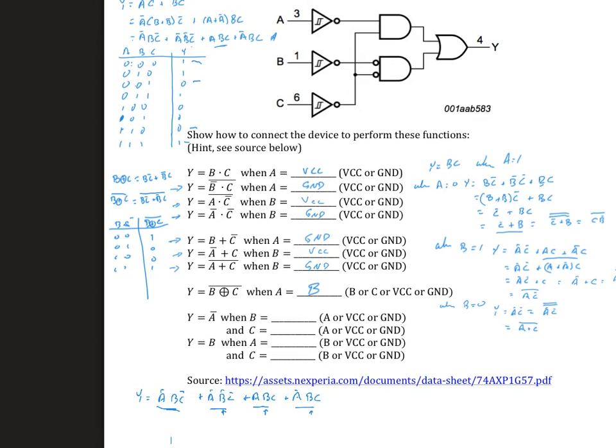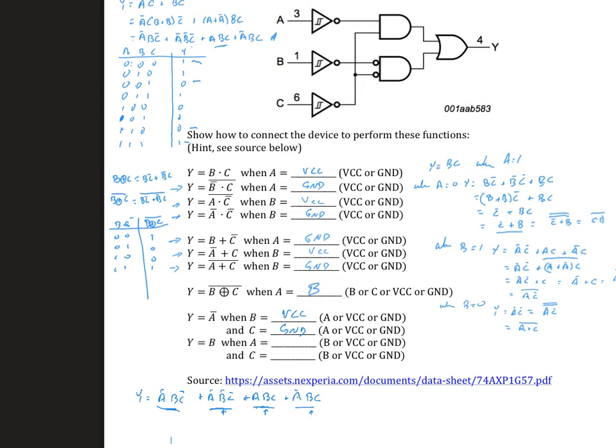So if we made B VCC and we make C ground, then this expression is always equal to 0 because B bar is always equal to ground.